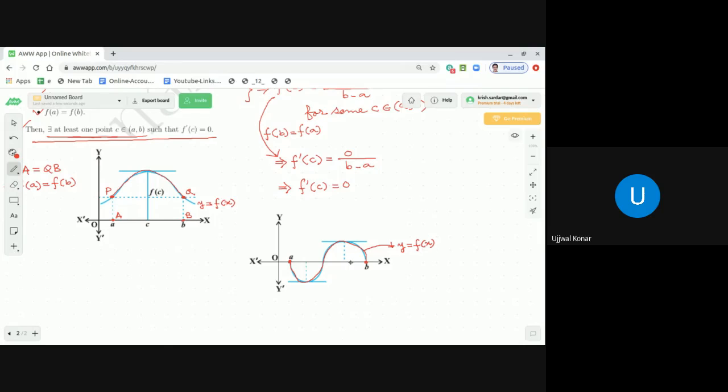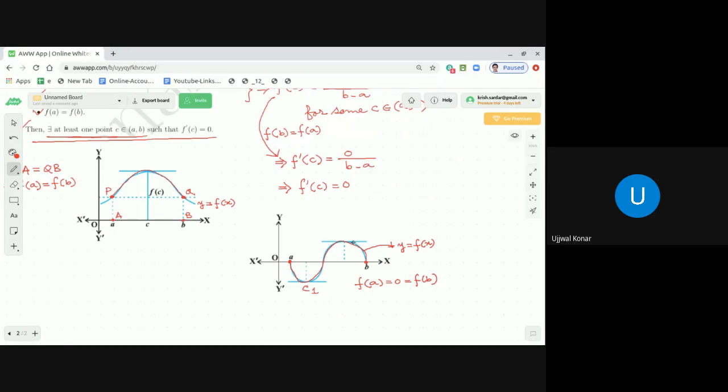And second thing is that the function is differentiable in the open interval a comma b. The first two conditions are satisfied. And the third condition also, where fa equal to 0, and that is also equal to fb.